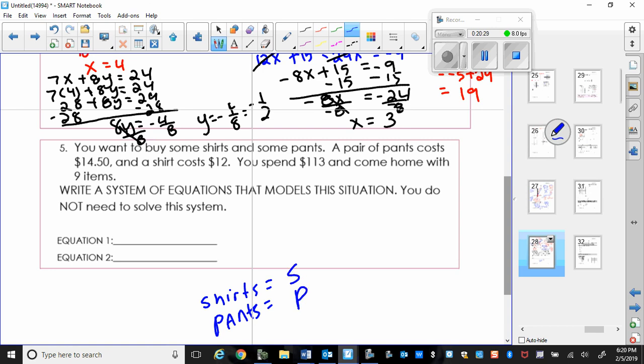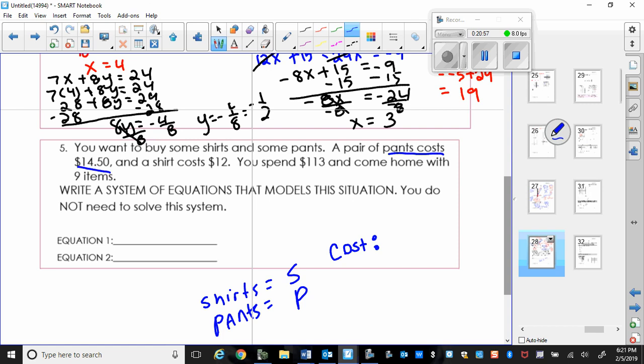All right, so we're going to underline our first statement. A pair of pants costs $14.50 and a shirt costs $12. All right, so we're talking about cost here. My first equation is talking about cost. So pants, $14.50.